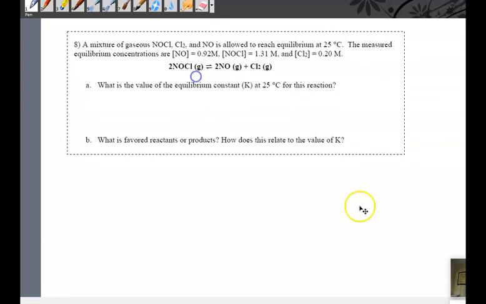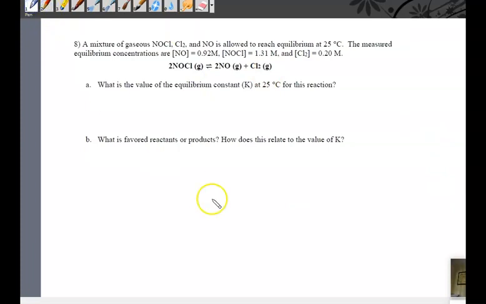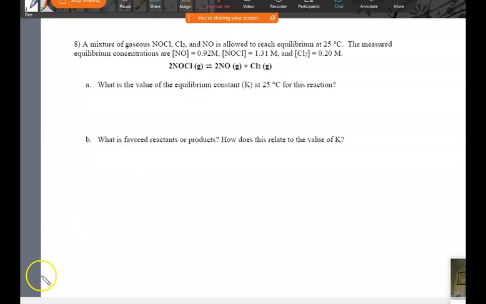Right, so we kind of talked about that, depending on if K is less than 1 or greater than 1. Okay? So go ahead and do this one. So what is the actual value? What is K? So you have to do the equilibrium constant. You got to plug in the numbers, figure it out, and then tell me which side of the reaction it favors, understanding what that number is telling you.